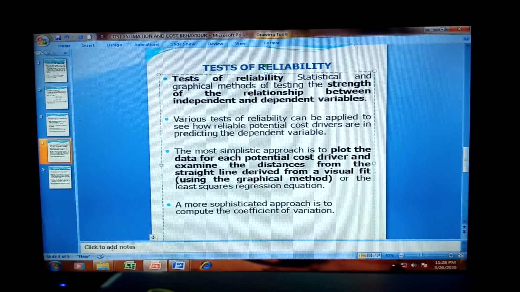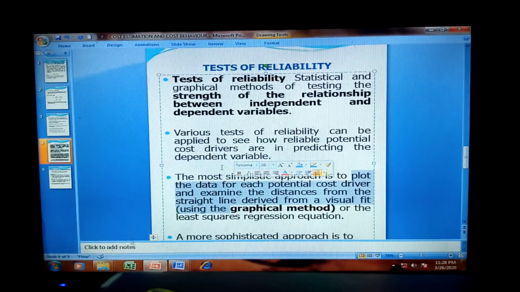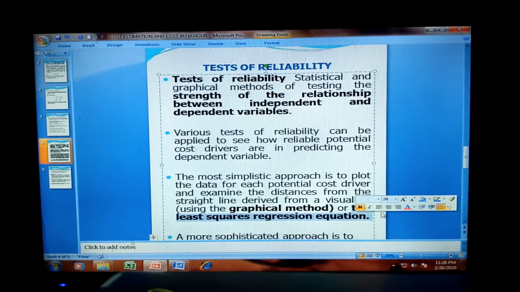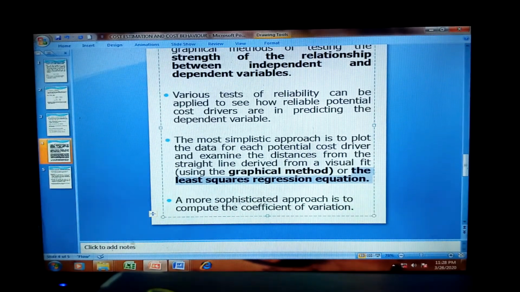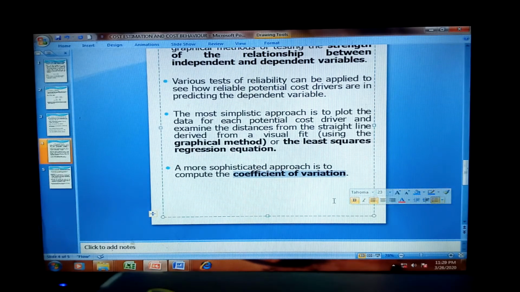So we can use the graphical method to test the relationship between our two variables, the dependent and the independent, or we can also use the least squares equation. A most sophisticated approach is to compute the coefficient of variation.